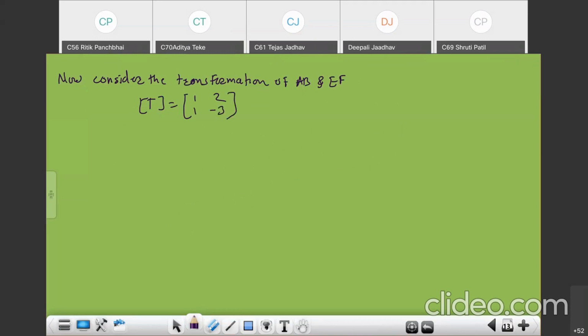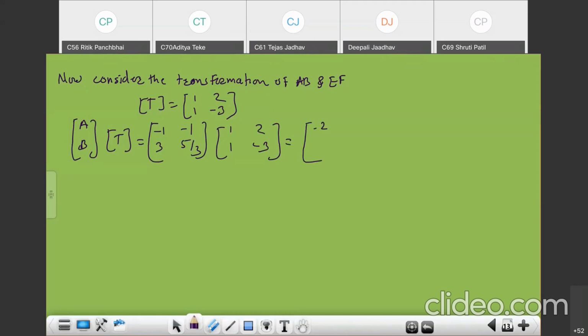First we transform line AB: A, B multiplied with T. What is our original line AB? It is minus 1, minus 1, 3, 5 by 3, multiplied with 1, 1, 2, minus 3. And we will get the new line minus 2, 1, 14 by 3, 1. That is our transformed line A star and B star.